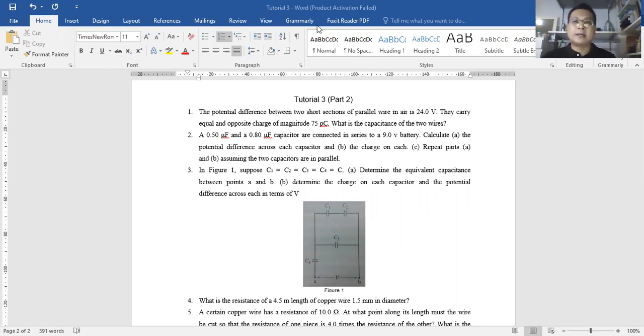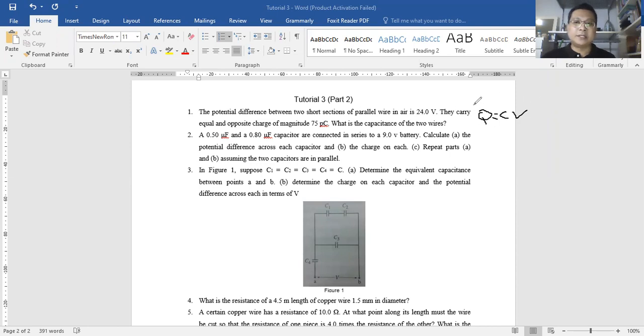Okay, I try to answer by implementing the formula Q equal to C times V. C is the capacitance and V is the voltage, or potential.